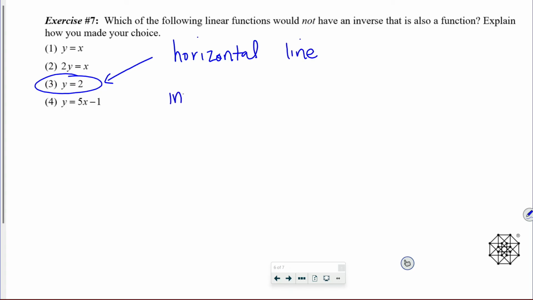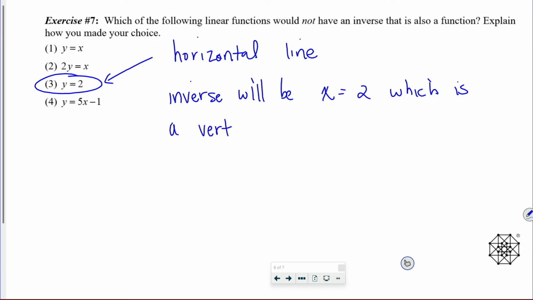Its inverse will be x equals 2, which is a vertical line, which is not a function.